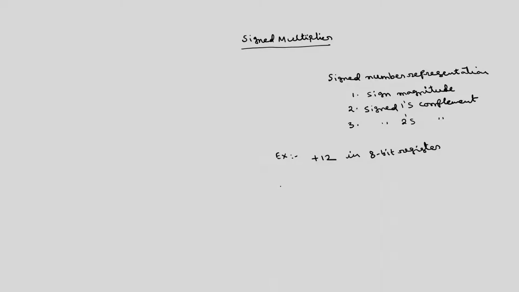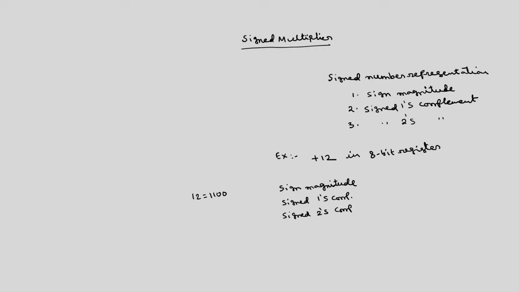How to represent it in signed magnitude, in signed ones complement, and in signed twos complement? So, what is the magnitude of this 12? 12 can be represented as 1100.